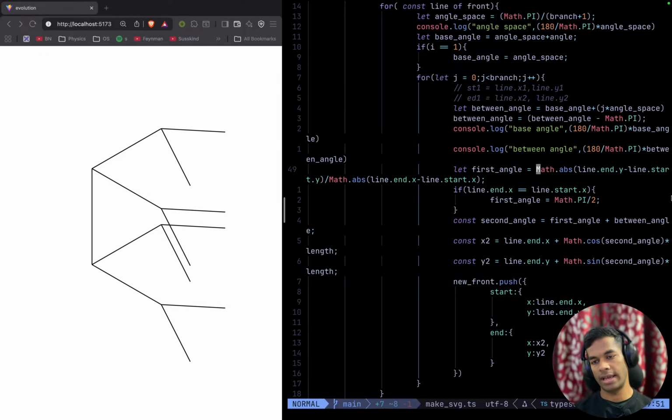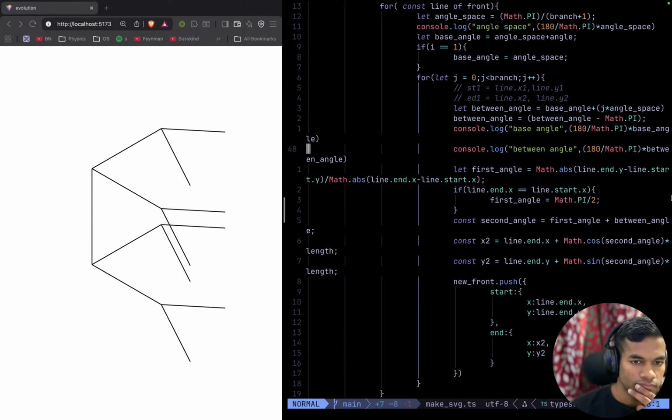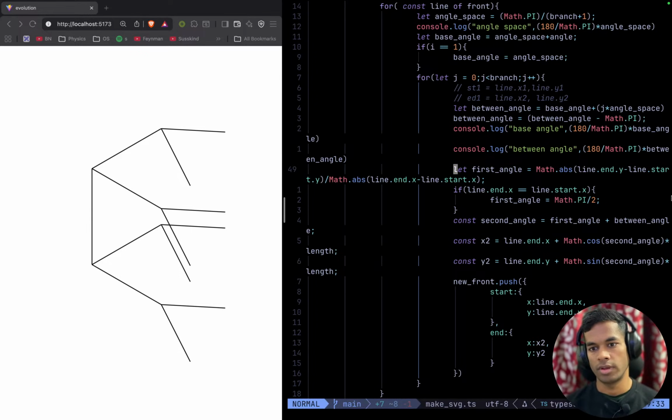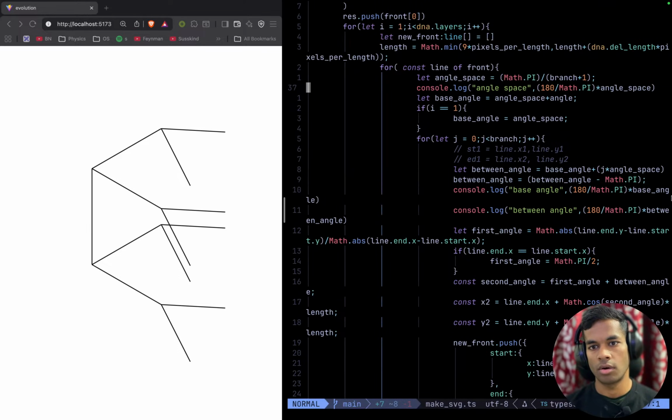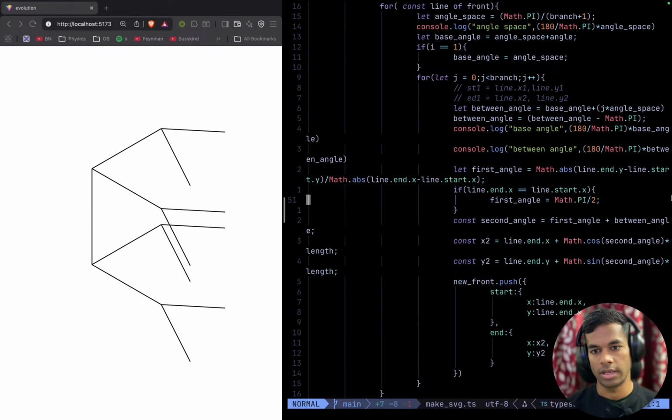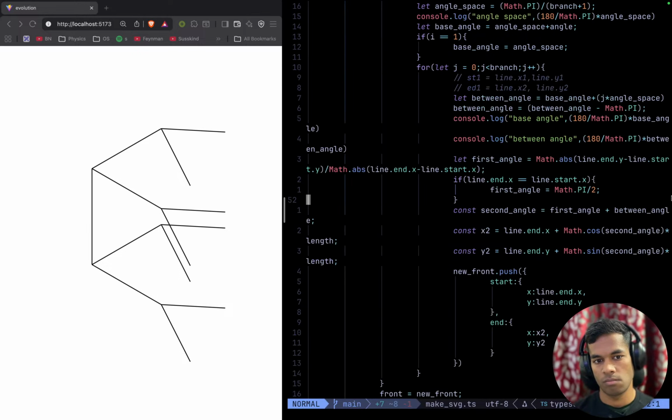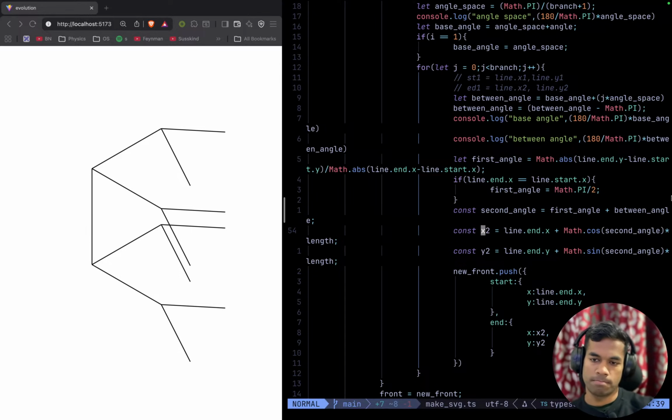Line dot end y. Wait. Yes. Go out into the front. Second angle.